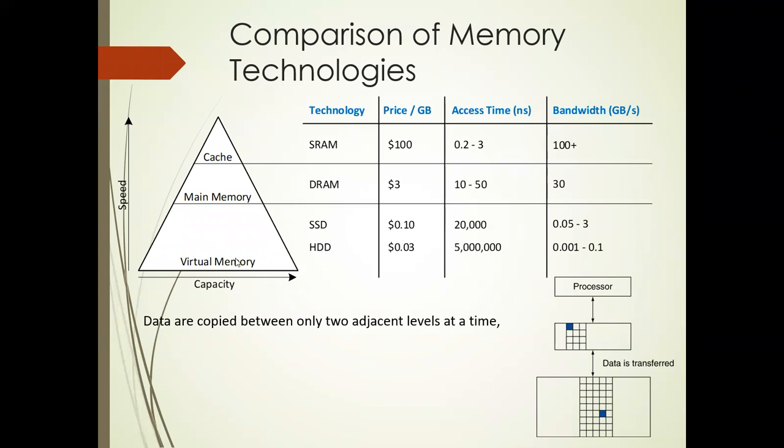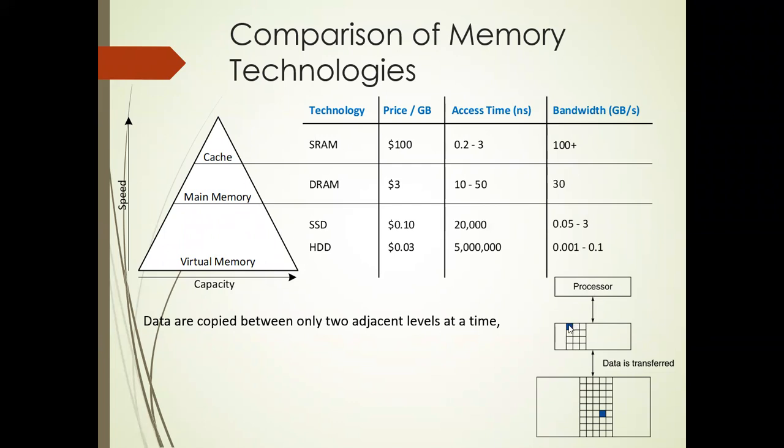Now, when it comes to accessing the different levels of the memory, usually when the processor finds a load, store, or memory operation, it will look for the data. For example, suppose that you'd like to load a variable inside your CPU. The first thing the processor will do is look for the data in the cache.